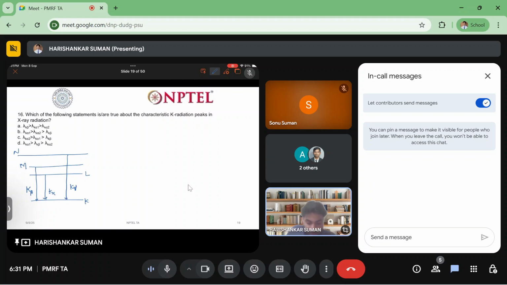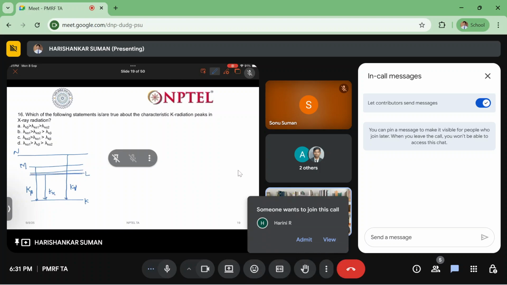And alpha 1, alpha 2 are sublevels of the L shell. Let's say L1, L2, L3.